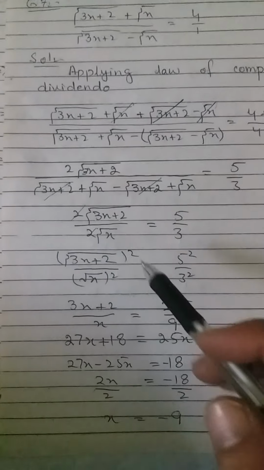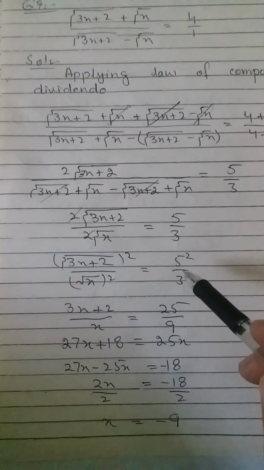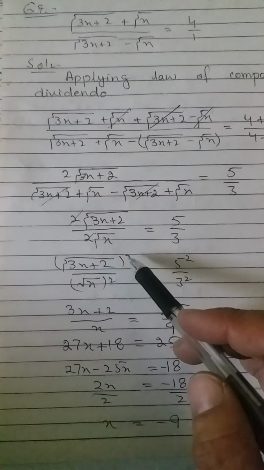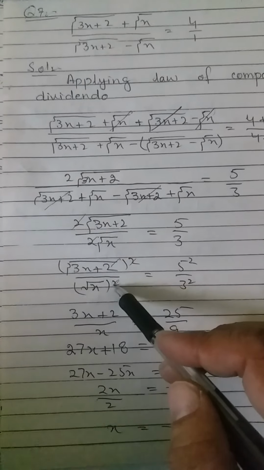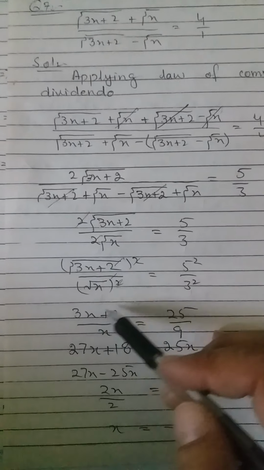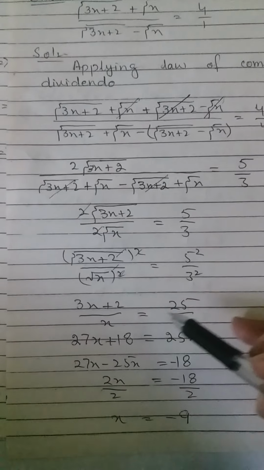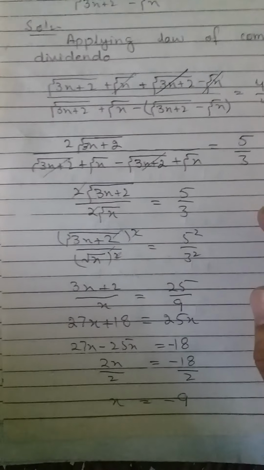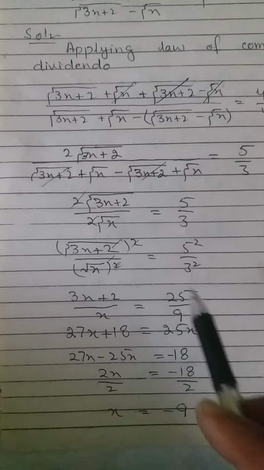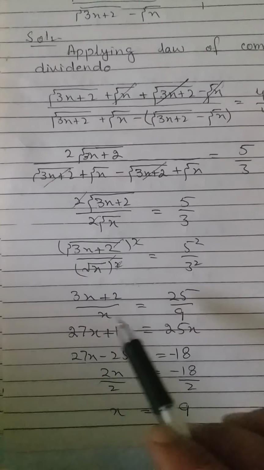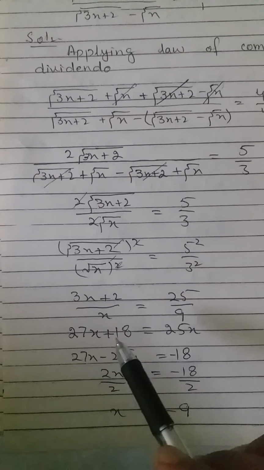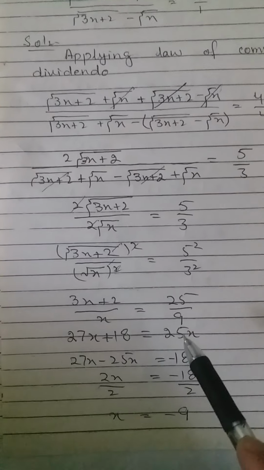In the next step, we take the square on both sides. Taking the square, they cancel with the square root. So 3x plus 2 divided by x is equal to 25 divided by 9. Now by cross multiplication, 9 multiplied with these two: 9 3s are 27x and 9 2s are 18, and 25x.